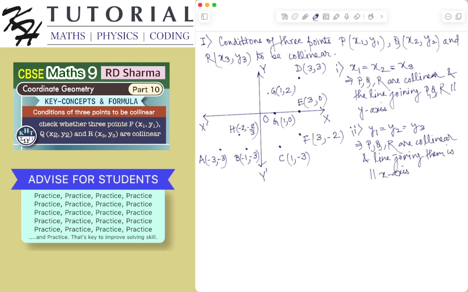So if the ordinates of all the 3 given points are the same, then they will obviously lie on a line which will be parallel to the x-axis. So these are 2 special cases.